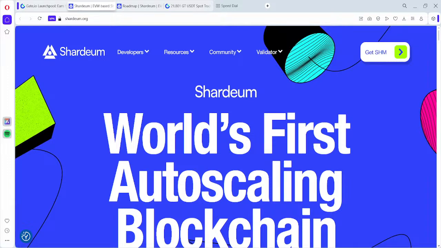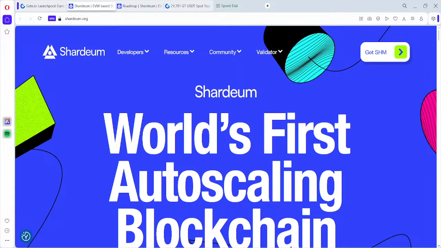And they have a seamless transition: developers can effortlessly deploy their Ethereum based smart contracts to SHARDEUM, expanding their reach and impact. And later on, wallet support is also there. No need for additional downloads. SHARDEUM supports EVM based wallets by default, streamlining the user experience.